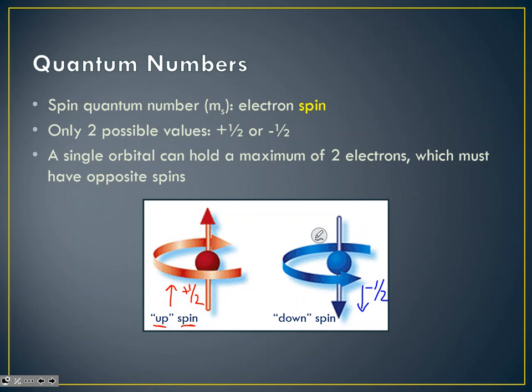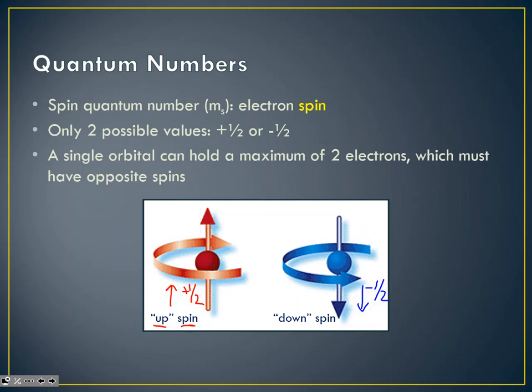That would be counterclockwise. So you have clockwise versus counterclockwise. Clockwise is the up arrow. We designate that +1/2. The down arrow, which would be counterclockwise, is designated as -1/2. So those ones are pretty easy.